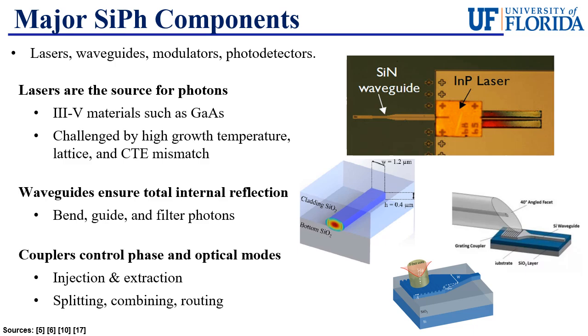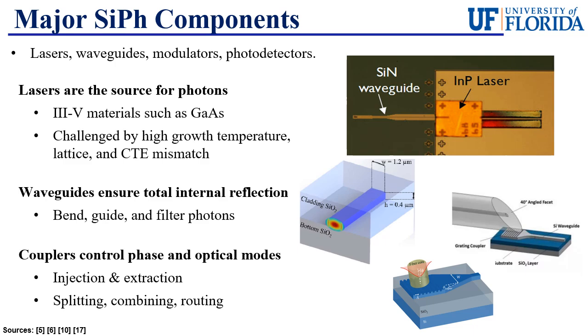Now, waveguides are seen on photonic devices routing photons around and are primarily designed to ensure total internal reflection of photons generated by lasers. Waveguides have a lot of capabilities, often being used to bend, guide, and split photons as well as simply guide them.